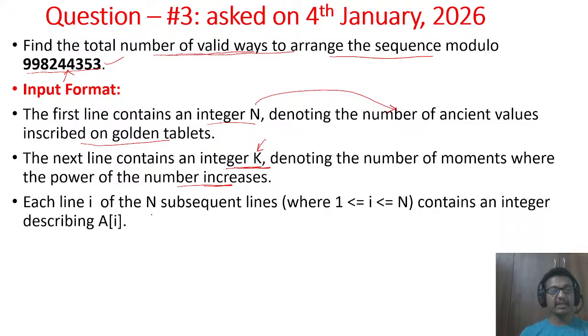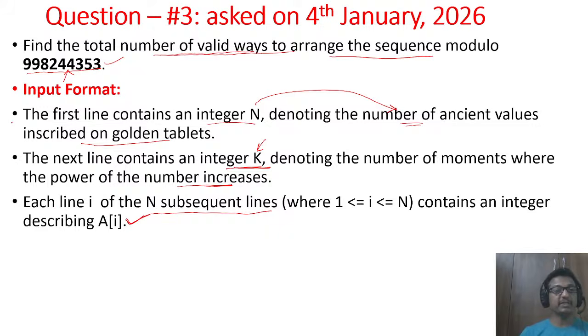Then you will have n subsequent lines, where n is the number of values in the array. Each line contains an integer describing a of i. So n values will be given, and those n values will be stored in the array A. This is the input format.